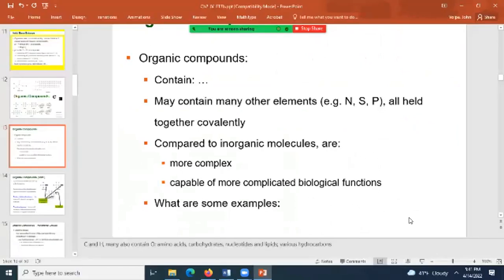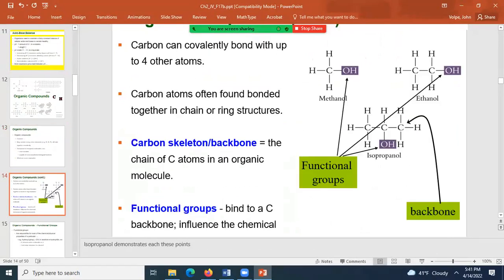All right, so let's look at some examples. Already talked about that. Because carbon is holding the molecule together, we say that organic molecules generally have a carbon backbone, because carbon is what's holding the molecule together. We already talked about the functional groups.